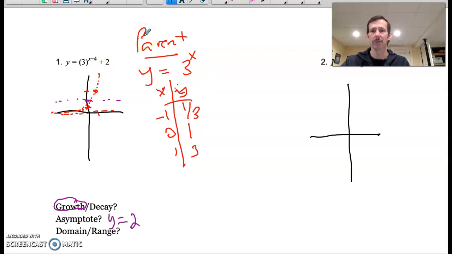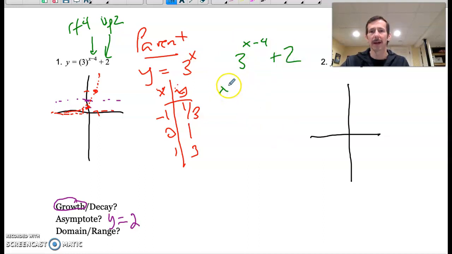Now I'm going to transform that graph, and my transformations are right here: -4, which means I'm going to go to the right 4, and +2, which means I'm going to go up 2. So all of my values are going to change. My x's all have 4 added to them, and my y's all have 2 added to them.